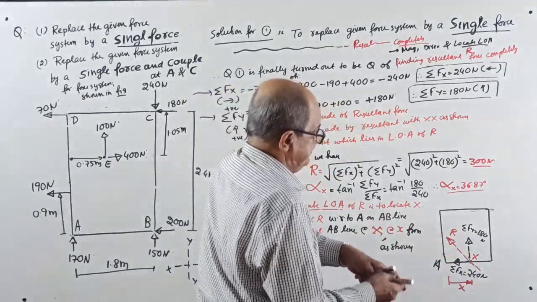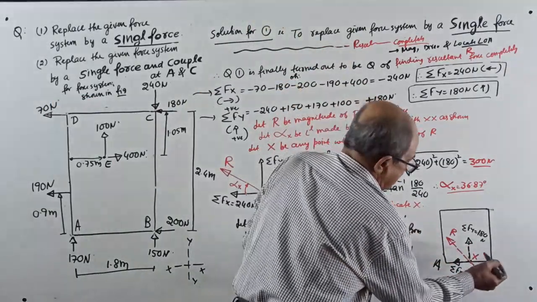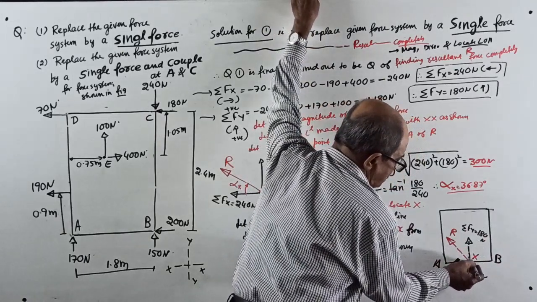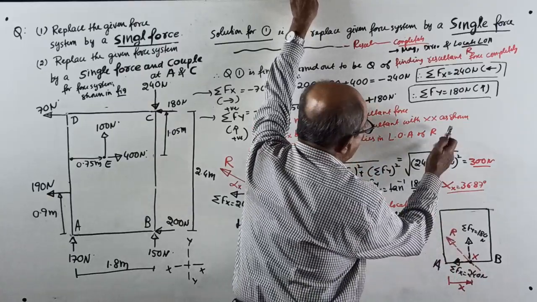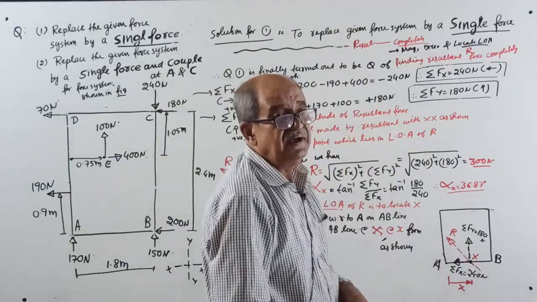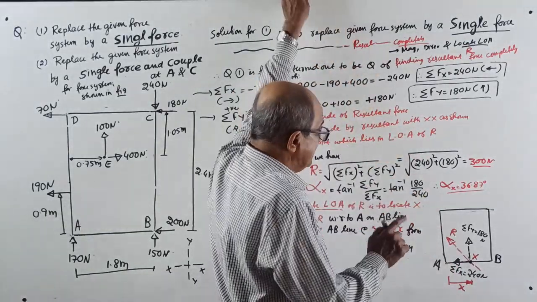Now make a note. We are considering this AB line. Other points are not required. From here, mark somewhere a point x. The resultant is this way. The answer is not required here. But why did I replace it with components? Because a little later we are taking moment about A. When you take moment about A, it is better to have components.